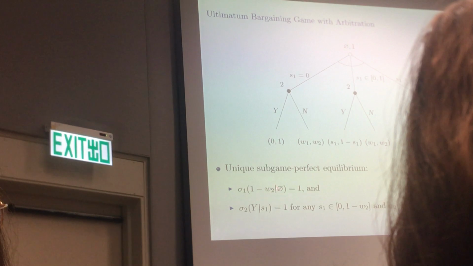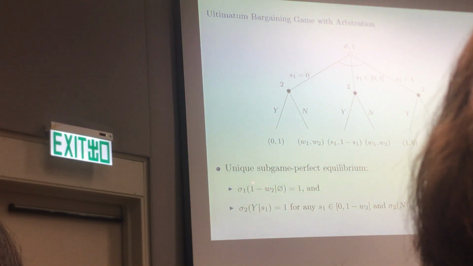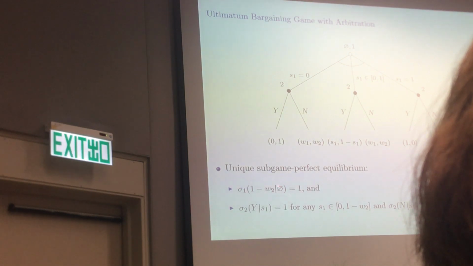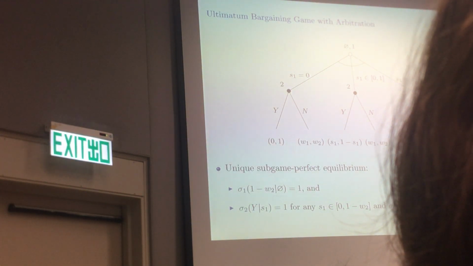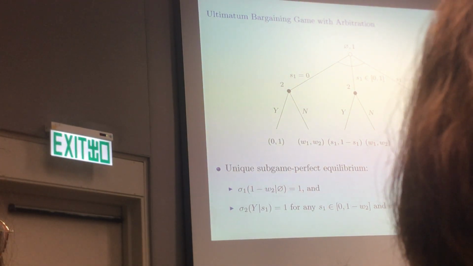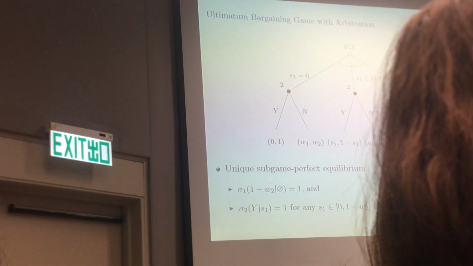Here, there is a vertical line. On the right of this vertical line, I'm going to put the name of each node. And on the left of this vertical line, I'm going to put one possible action that a player can choose at that node. And sigma i of that thing is the probability of choosing that action at that node. Personally, I prefer this mathematical notation because it is easier to write down, read and understand.